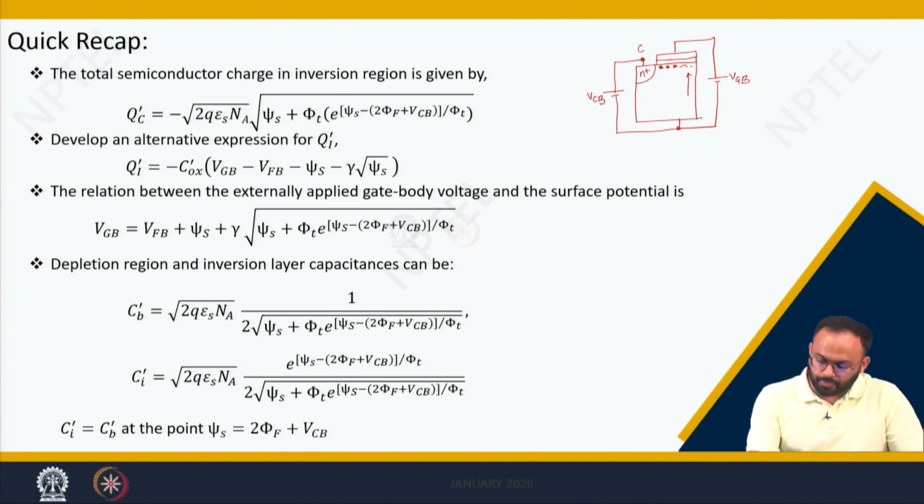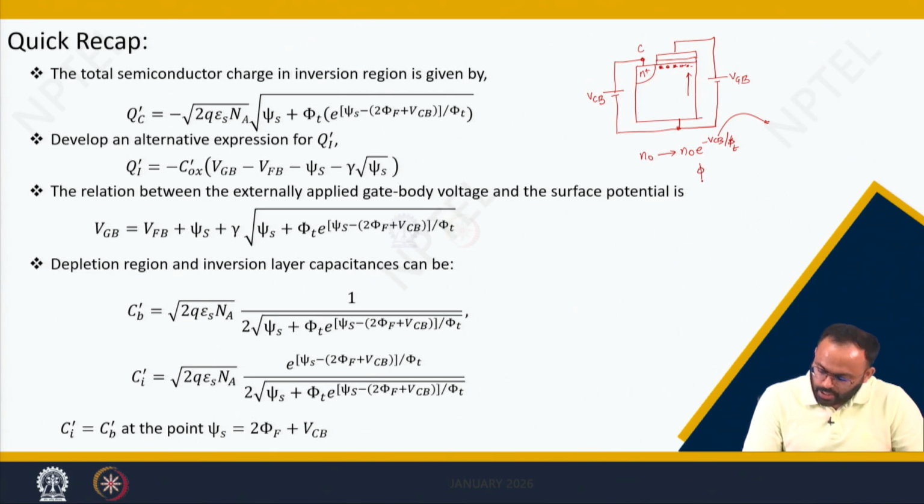However, in the 3-terminal MOS structure, the influence of VCB on the inversion charge is significant. We derived all the equations we also derived for the 2-terminal structure, considering that N naught can be replaced by N naught times e to the power of minus VCB divided by phi t, meaning the VCB voltage influences your inversion charge.